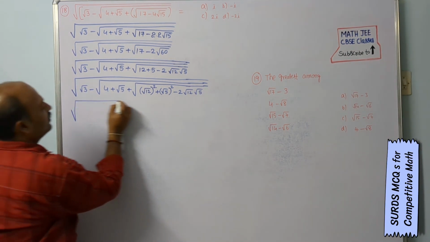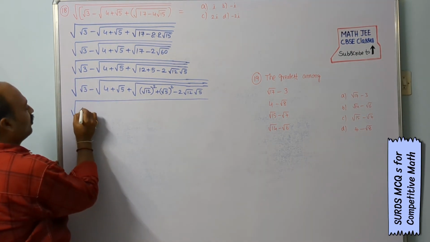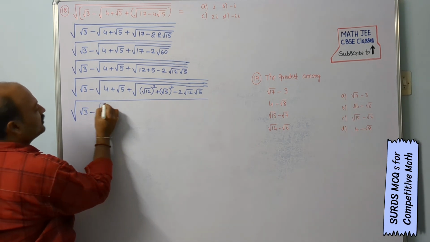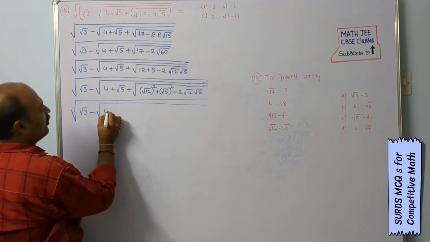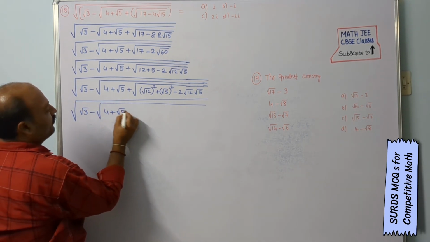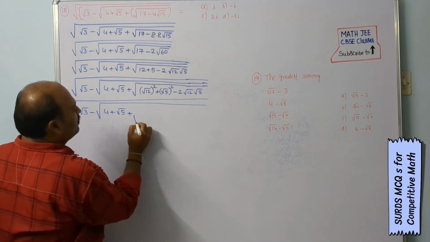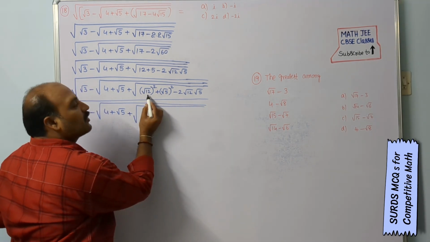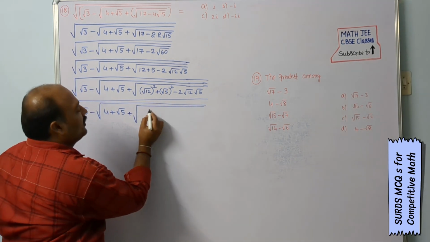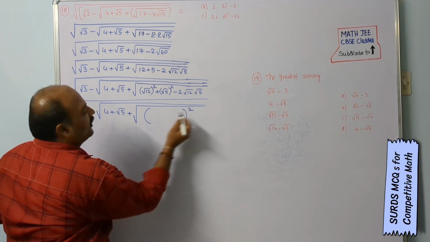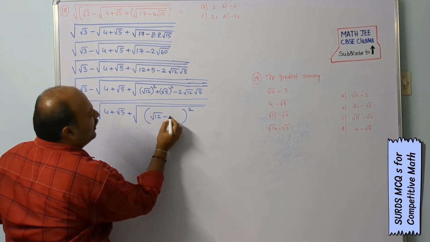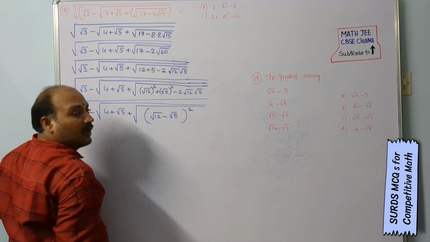So root over a square plus b square minus 2ab. So a minus b whole square. So root 12 minus root 5 whole square.